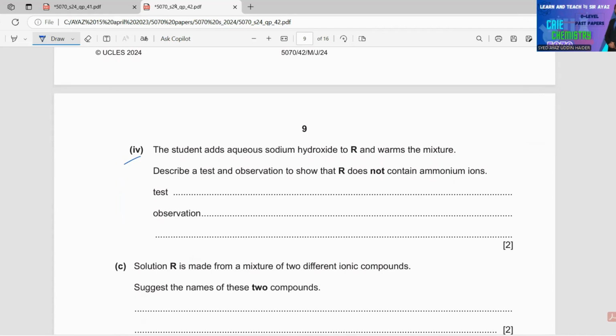So you write: test the gas produced with damp red litmus paper. So observation will be no change. If it was ammonium ion, then it must be producing ammonia gas, which will definitely turn this red litmus to blue.